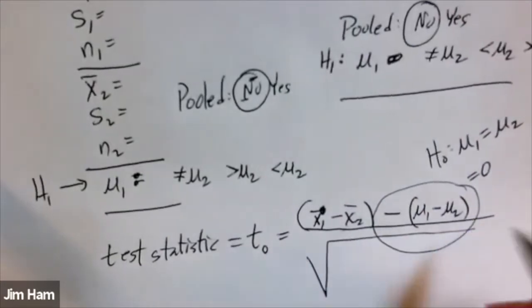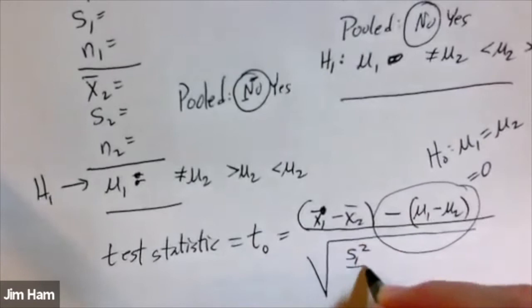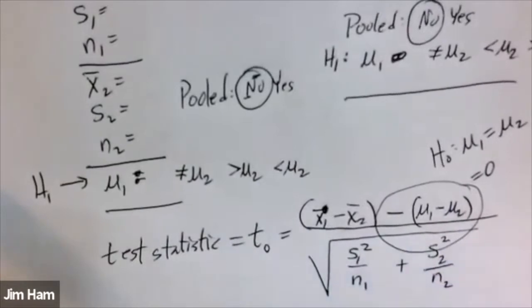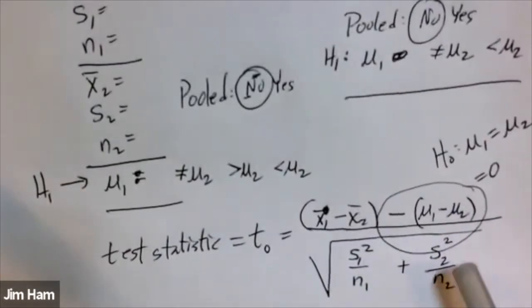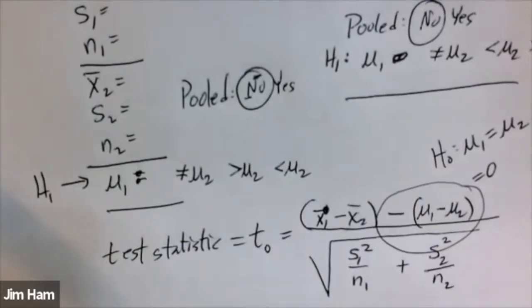And it turns out that the sampling distribution for a difference in two independent means like this, the standard error term down here is the variance of the first sample divided by the sample size, and then adding that to the square of the standard deviation of the second group divided by the sample size.